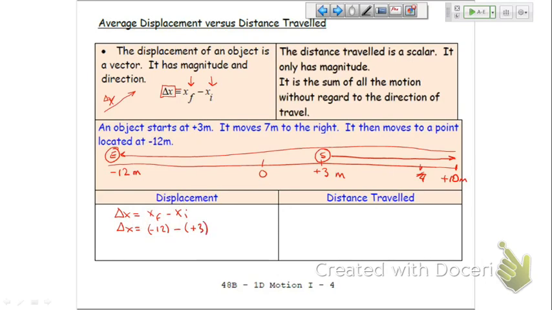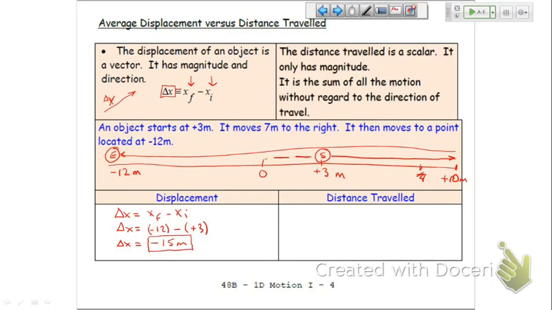There's my end, there's my start. What about this 10 in between? I don't care about that 10 in between. Delta x is equal to -12 minus +3 is -15 meters. Got to have the negative sign, got to have the units.